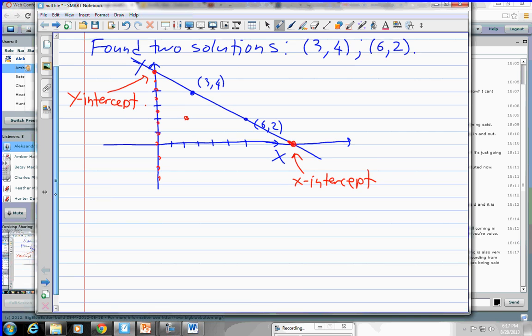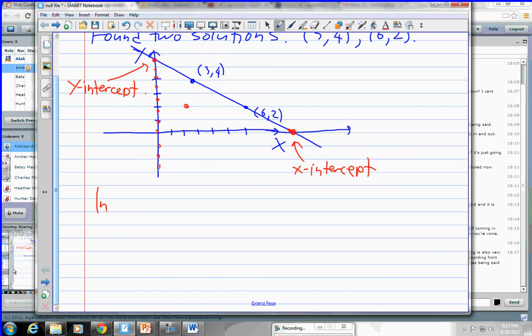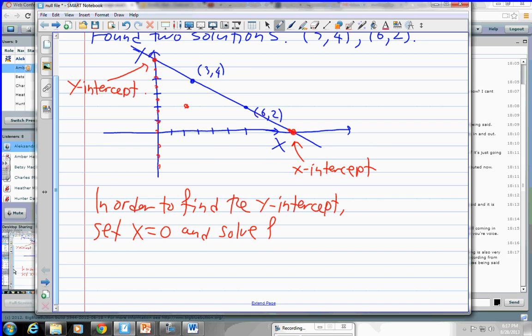So that's what we're going to write down: in order to find the y-intercept, we will set x equal to 0 and solve for y. Is that okay? So that's really easy to do.